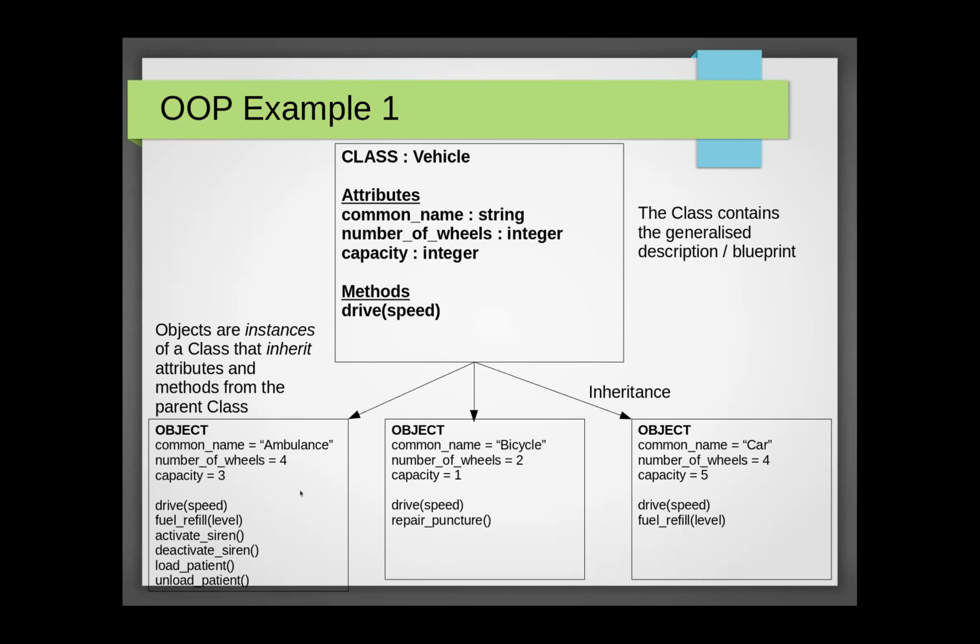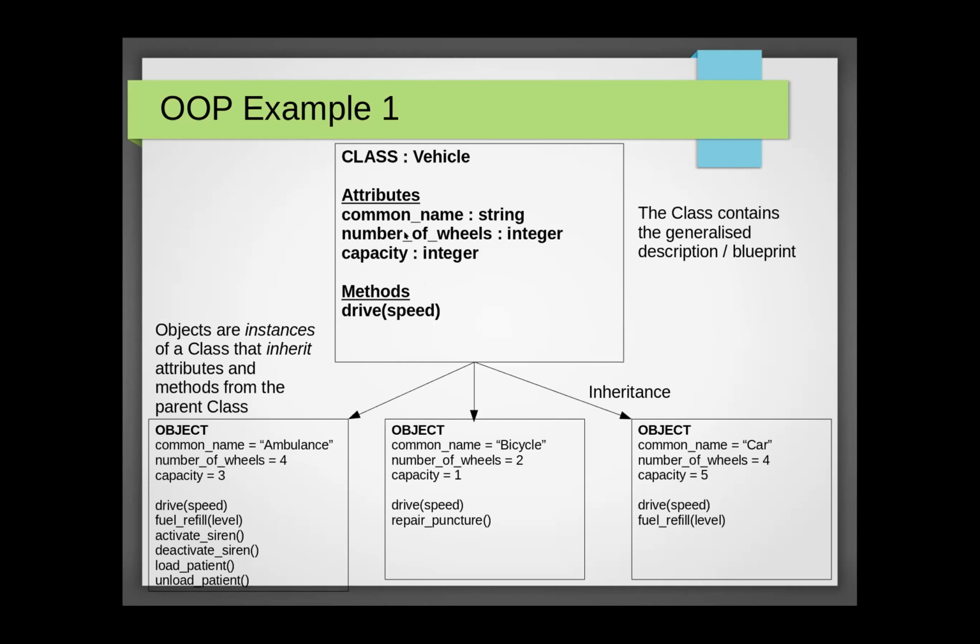So all of these are objects. These are examples that take this blueprint of the class and then may add to it, but they all have their own unique instantiations. So in the class, there is no value for common name. It just says there will be a name. When you create an instance of this class, it will have a name, a number of wheels, and a capacity.